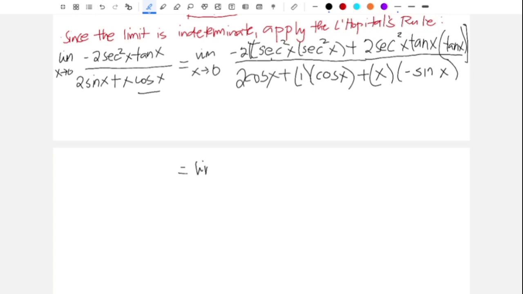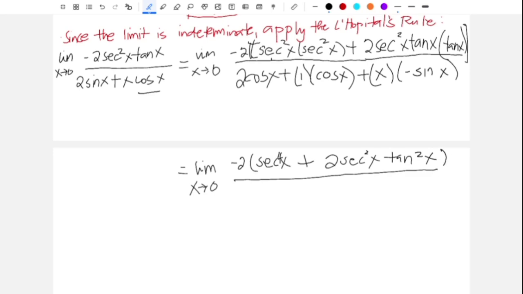Let us simplify first the function to avoid further confusion. We have secant x squared multiplied by secant x squared, so we will have secant x raised to 4, plus 2 secant x squared tangent x squared over cosine.